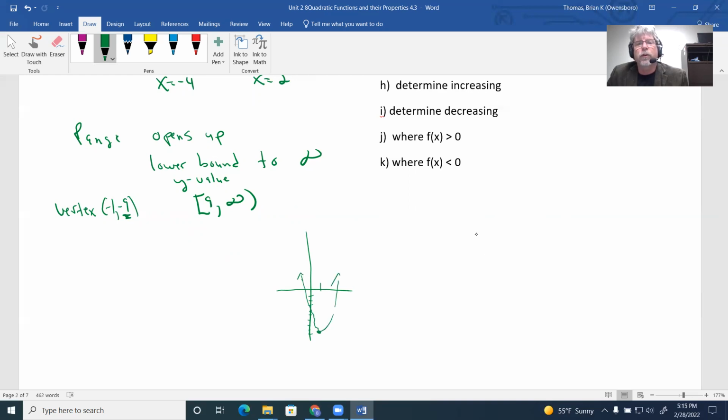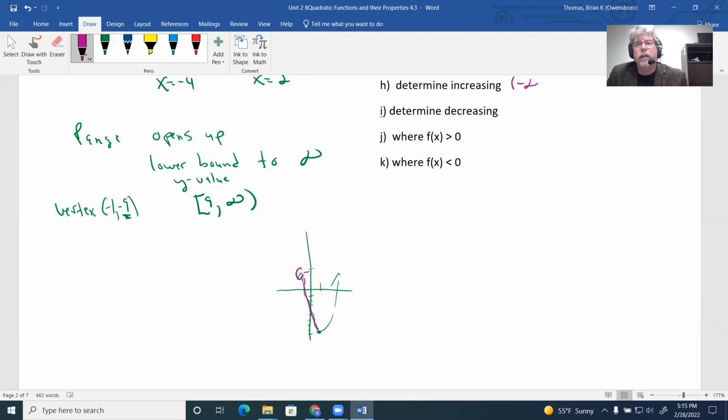So where the graph is increasing and decreasing, if I start from left to right, as the graph moves to the right, notice how the graph is going down. So it's actually decreasing from negative infinity down to where x is -1.